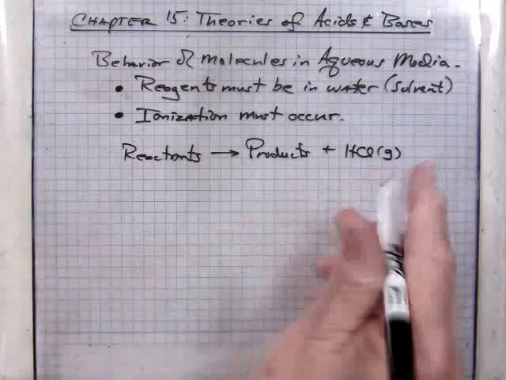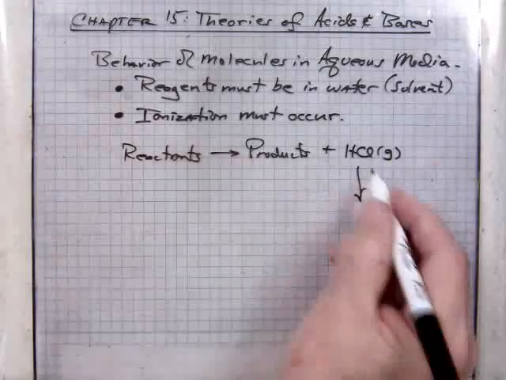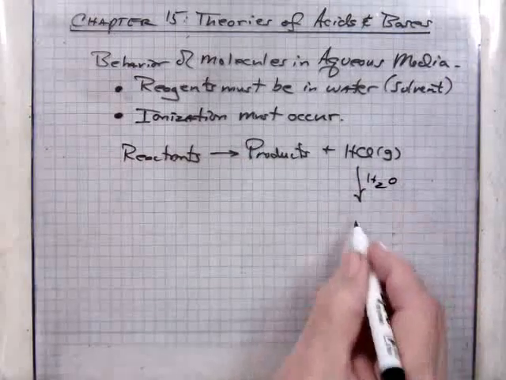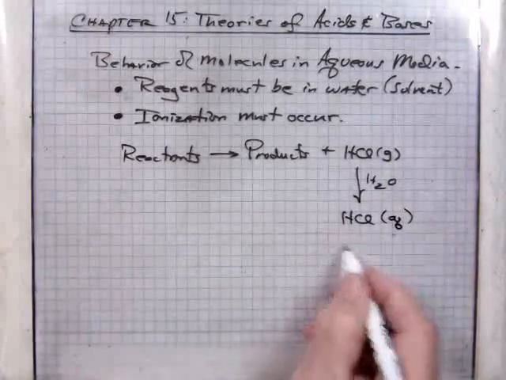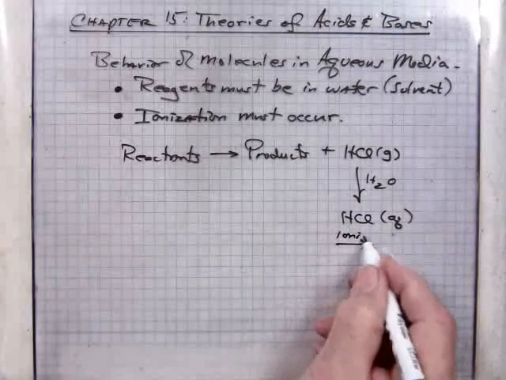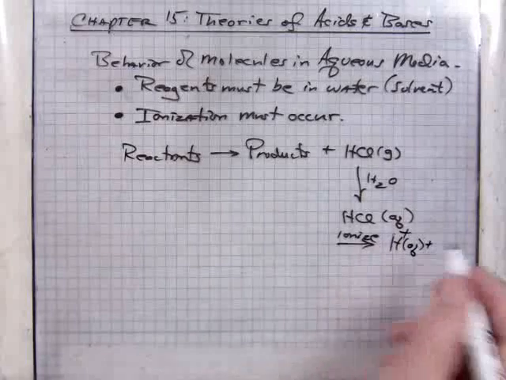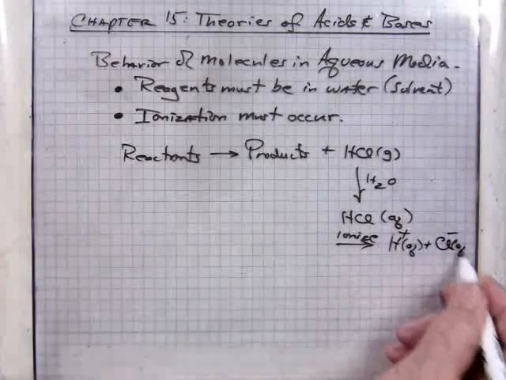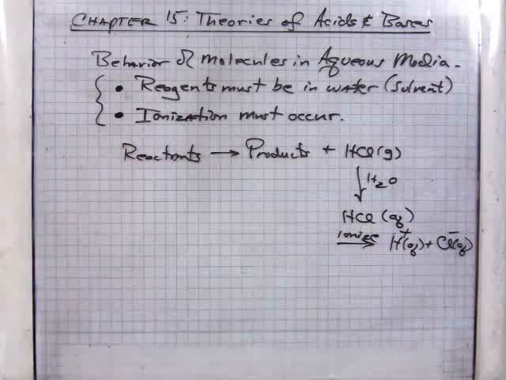However, if the outcome of this reaction is fed into water, it then becomes HCl in aqueous medium, which will ionize to the hydronium ions, aqueous, and chloride ions, aqueous. So these two issues must be present to call an acid an acid or a base a base. And we'll talk about classification of those in a minute.